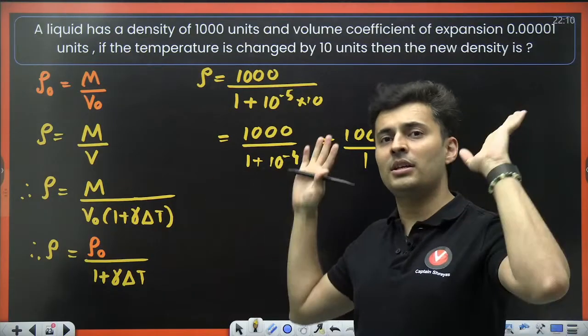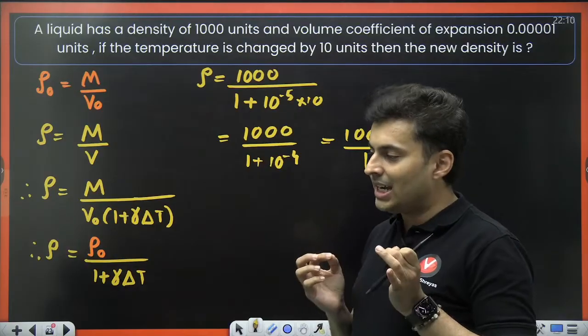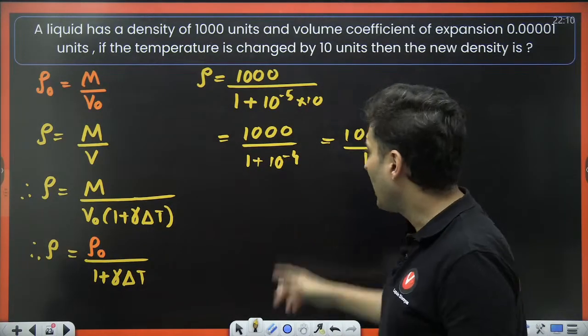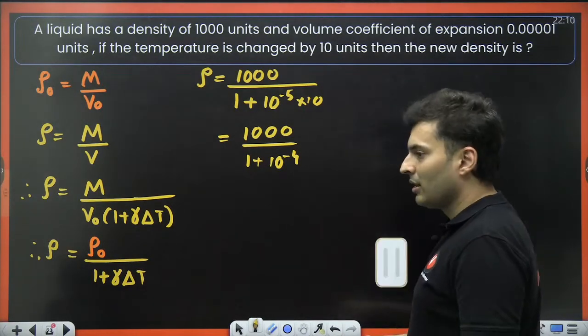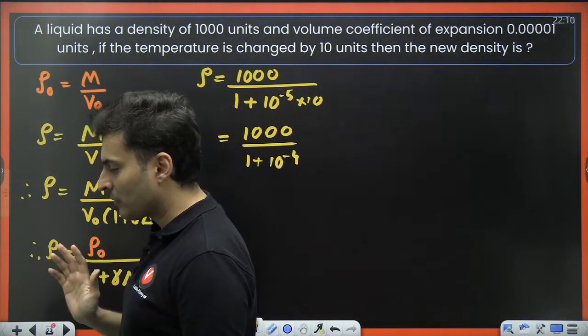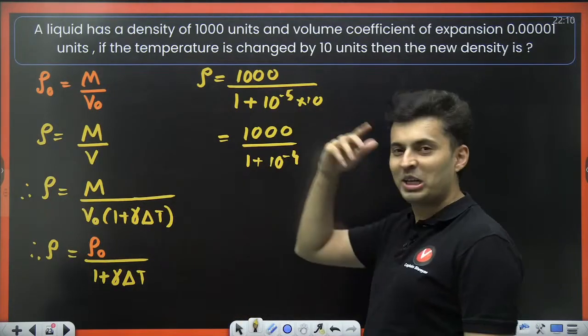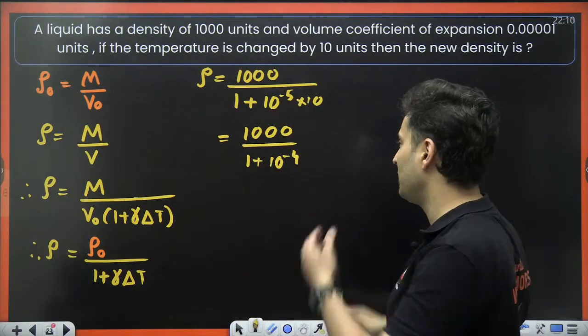Increasing the temperature, no change only in density? Think logically. The answer will be slightly less than 1000. Understood? So don't be that legendary person who thinks very smart. 1000 is the answer, one tight slap only.